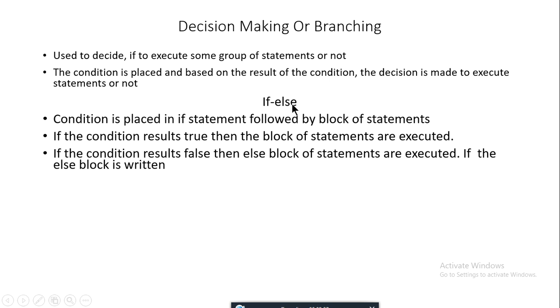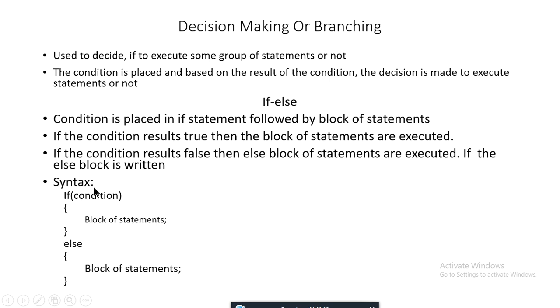So how would if-else look? You will have a condition placed in the if block, and if this condition results true, then the block of statements inside if will be executed, and if this condition results false, then the block of statements of else will be executed. Now, syntax means the grammatical rules, like how you would write a sentence.